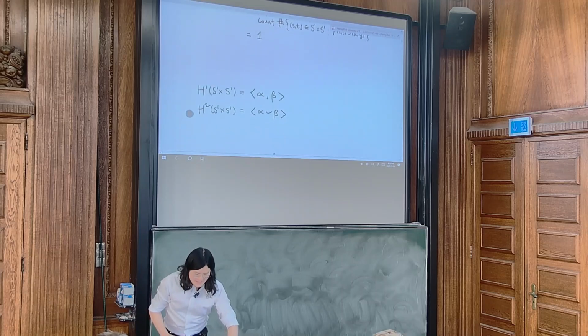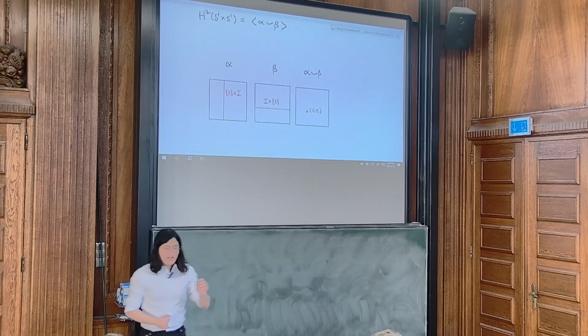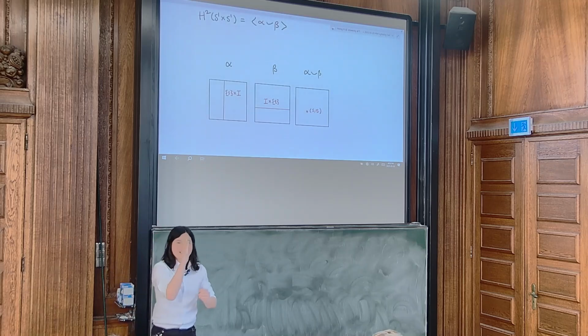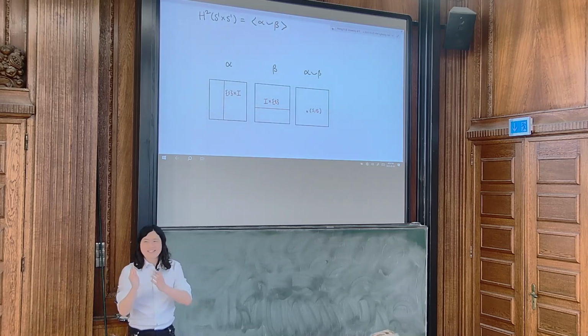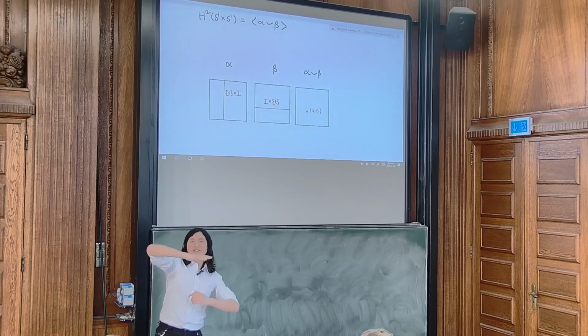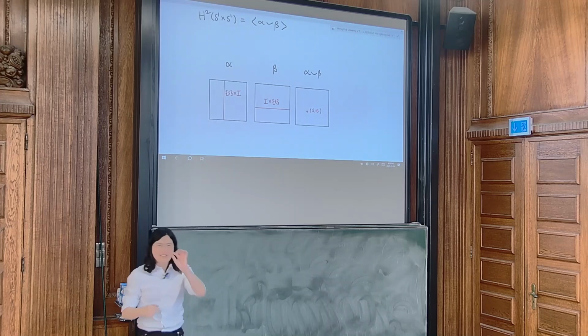So let's look at a little pattern here. Alpha, we saw before, one of the generators of H1, is generated by these vertical lines. And it can be shown, by exactly the same reasoning, that beta, the other generator, is generated by the horizontal lines. And then we saw from before that alpha cup beta is generated by these points.